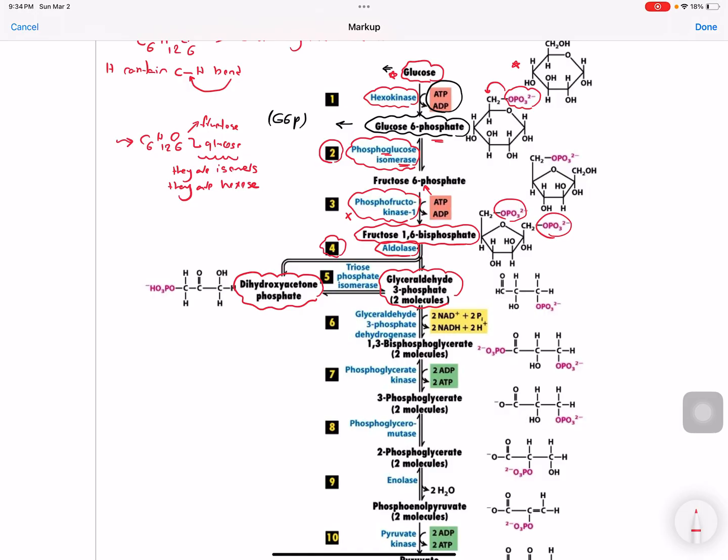So we can say the enzyme that is called aldolase splits F16BP, fructose 1,6-bisphosphate, into 2 3-carbon molecules. One of them has ketone as functional group and one of them has aldehyde as functional group.